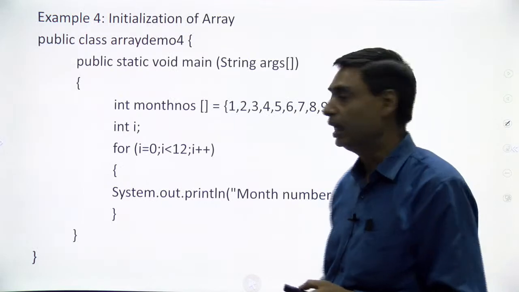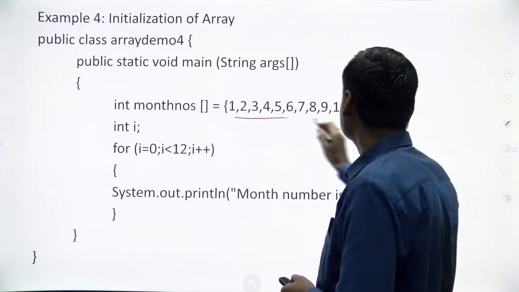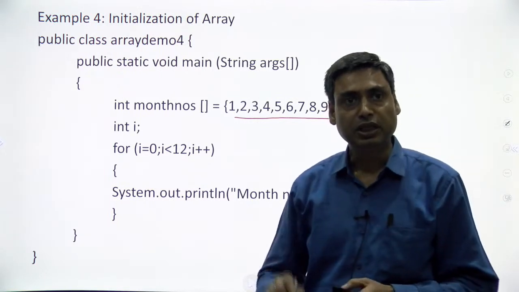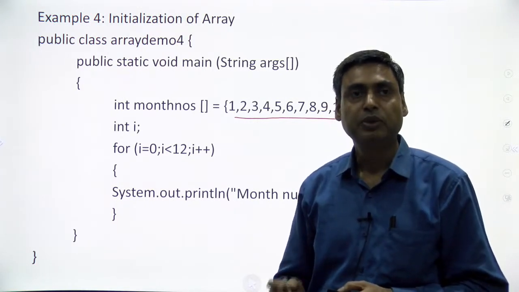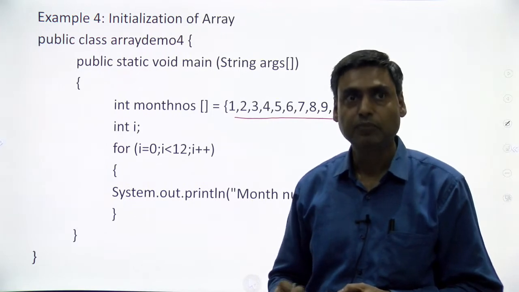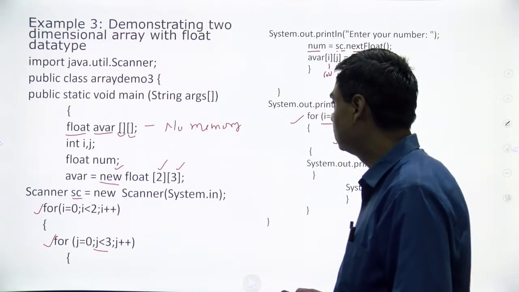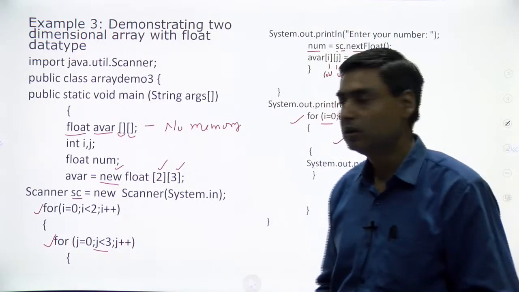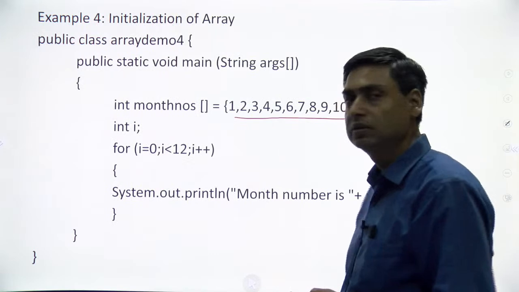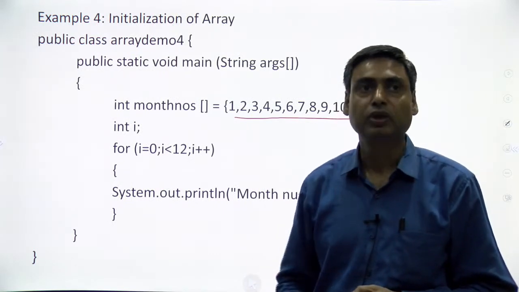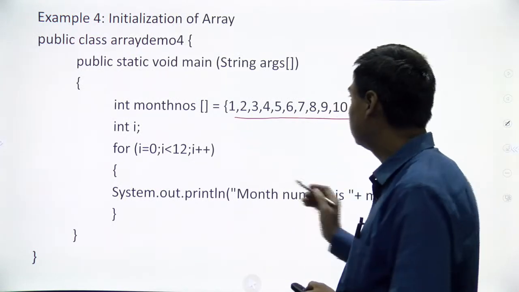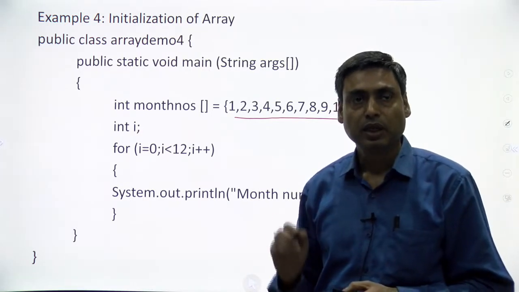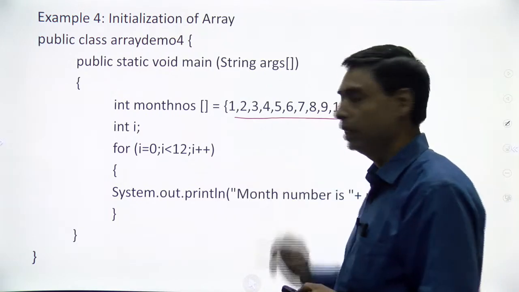But at the time of initialization, with 1, 2, 3, 4, 5, 6 up to 12, it is declared also and memory is also allocated. Very important part, again I am repeating. When you declare it, then you have to use the new operator. When you initialize it, memory is automatically allocated in the array. So this is the program. How will you initialize an array? With the help of these 2 brackets.